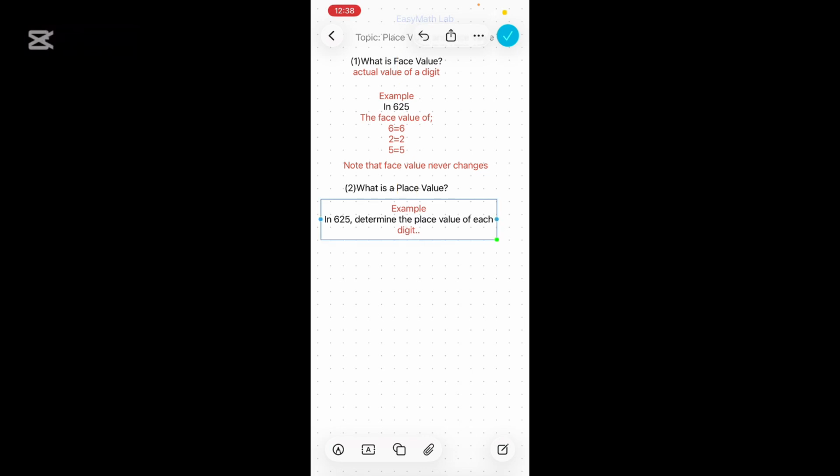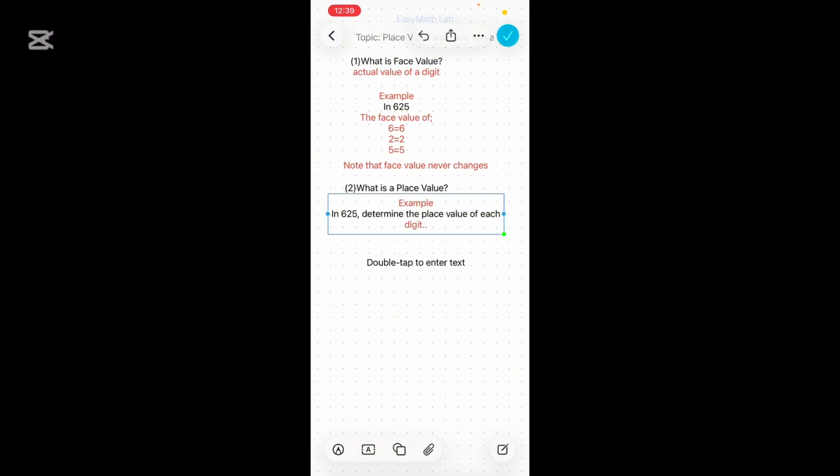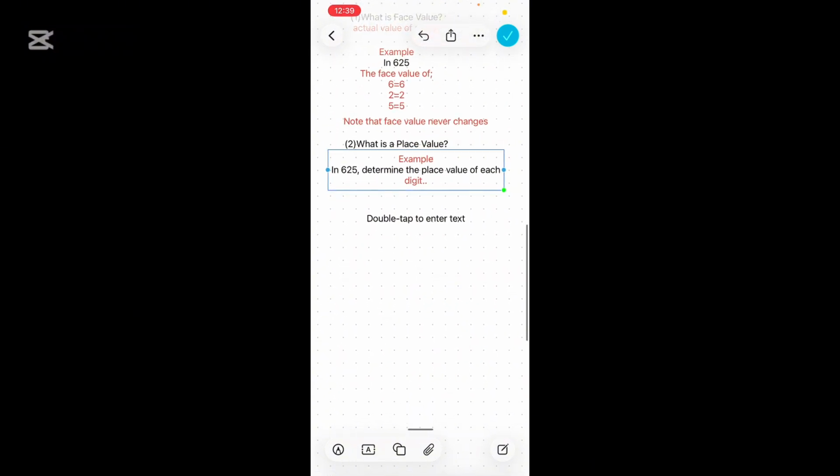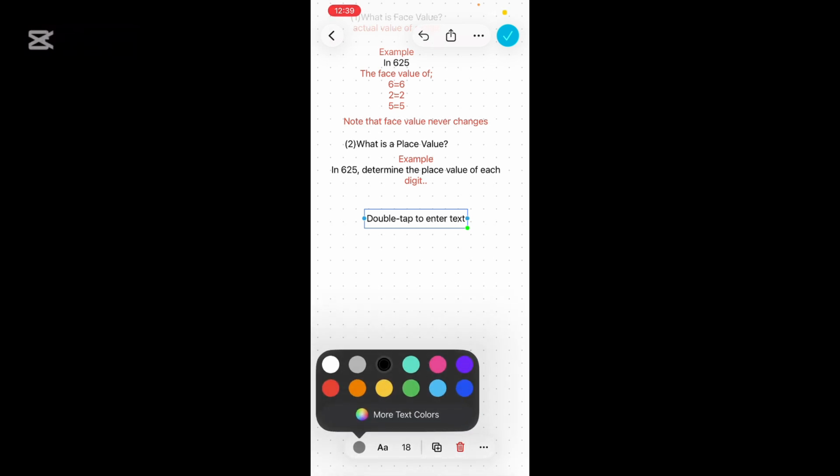So let's quickly work this example out. So 6 is in the hundreds place. Let's use purple.